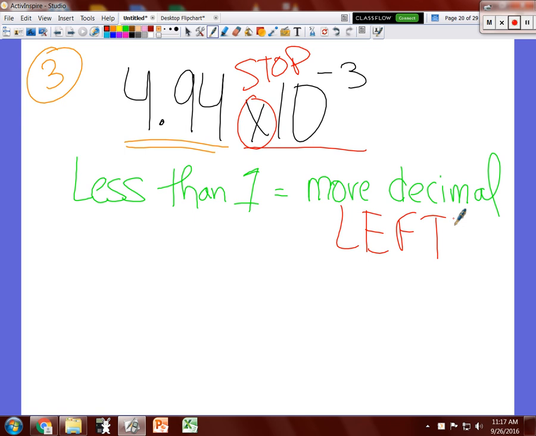So I need to make sure that I make it smaller. So that's what we're going to do. We're going to go 1, 2, and 3. Now, what do I fill into those empty loops? Zeros. So 0.0, just 2 of them.